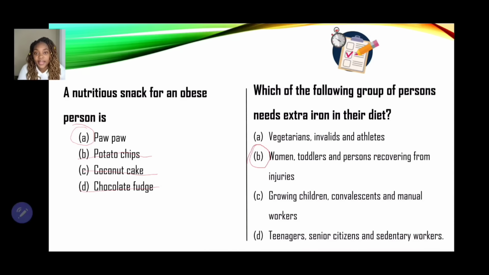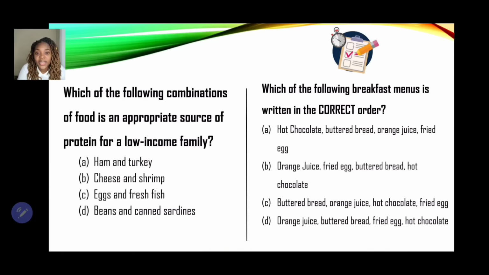Now let's move on to our next question. Which of the following combinations of food is an appropriate source of protein for a low-income family? A, ham and turkey. B, cheese and shrimp. C, eggs and fresh fish. D, beans and canned sardines, right?